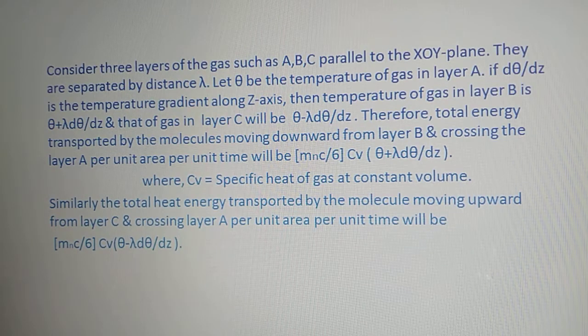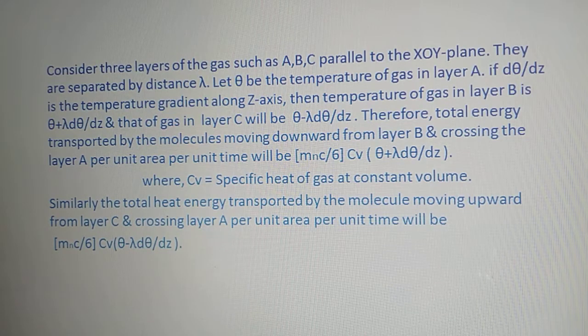Let theta be the temperature of the gas in layer A. If d theta by dz is the temperature gradient along the z axis, then what will be the temperature of the gas in layer B? Because B is the uppermost layer, its temperature will be theta plus lambda into d theta by dz, and that of the gas in layer C, the lower layer, will be theta minus lambda into d theta by dz.